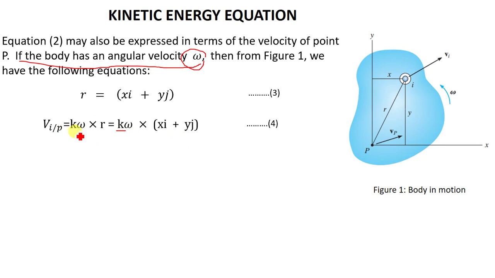This k omega, you simply multiply it with this r in order to find its velocity. So we know velocity v is just given by r omega. This is the reason why we're finding the cross product of r and omega in the z-axis.